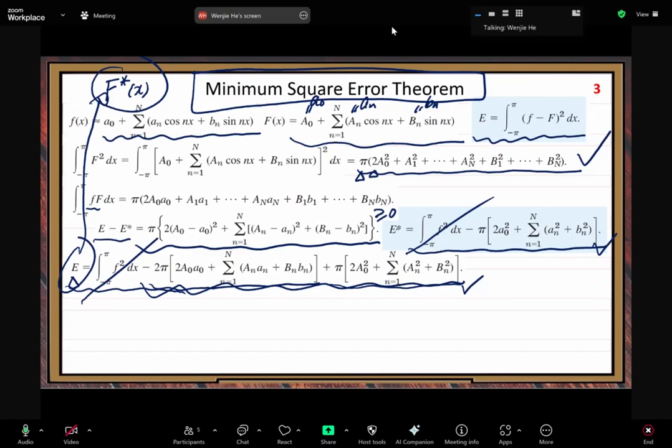But when you choose capital A0 equals little a0, capital A n equals little a n and capital B n equals little b n, you get the smallest difference number. That means your error is the smallest. Capital E is always greater or equal to capital E star, so capital E star is the smallest. That is obvious.